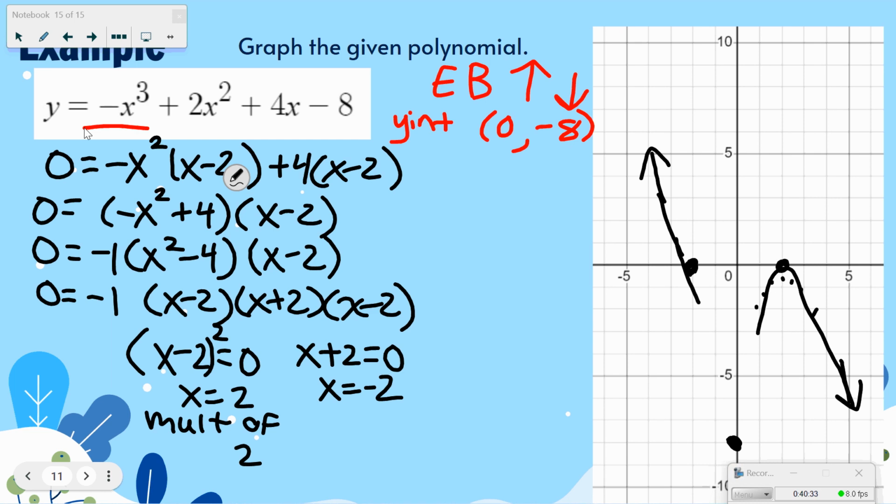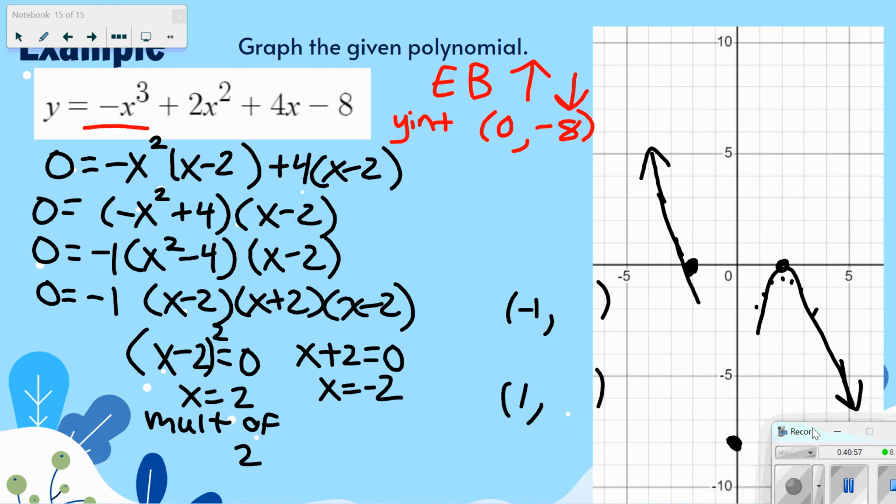No. These are the perfect things I should see. Intercepts, multiplicities, and behavior. And then from there, if you want to find 1 or 2 more good points, let's do that. So let's maybe plug in -1, and let's plug in +1, and see what those outputs would be. So let's take a minute and do that to kind of finish our sketch a little bit.